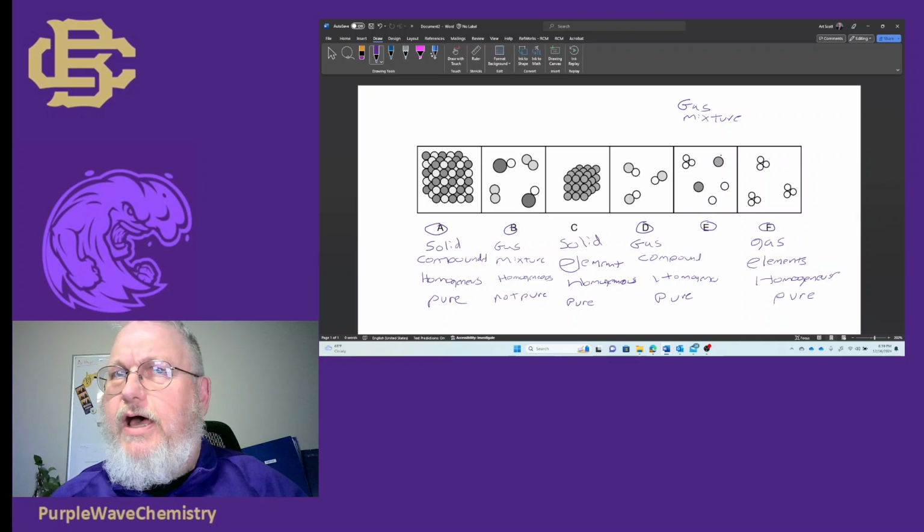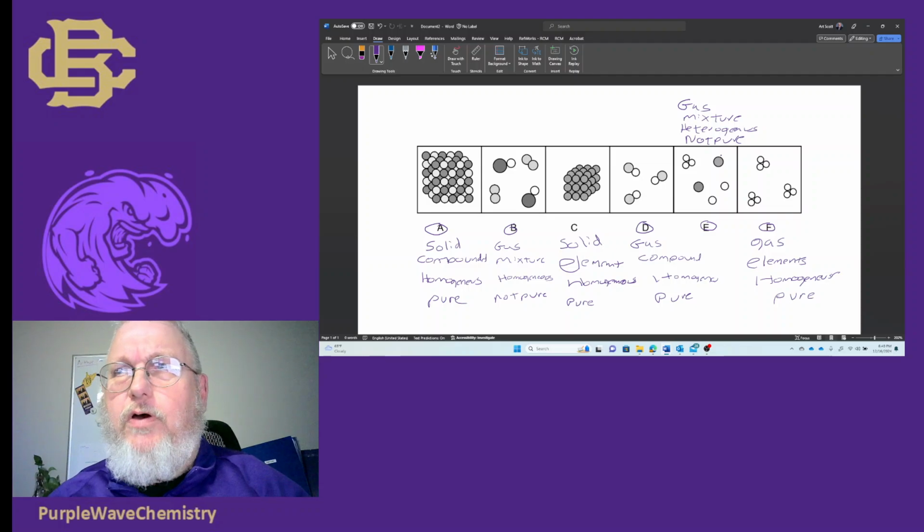No, I'm going to say that's not, because I got two single particles there and two single particles there. I'm going to say that this is heterogeneous. And is it pure? No, it is not pure. So the only pure ones I can see are that, that, and A.